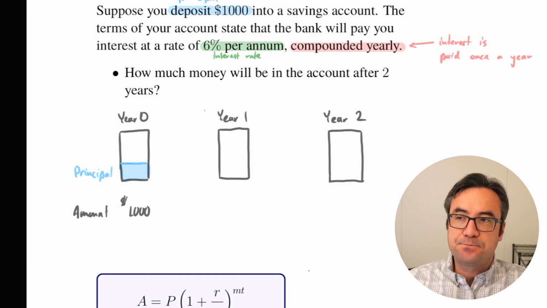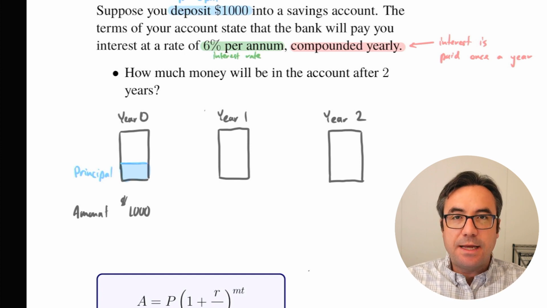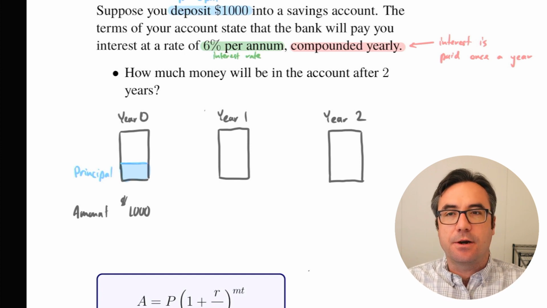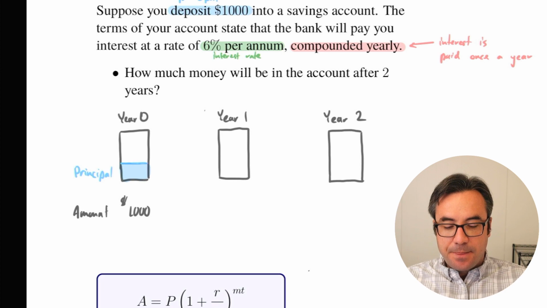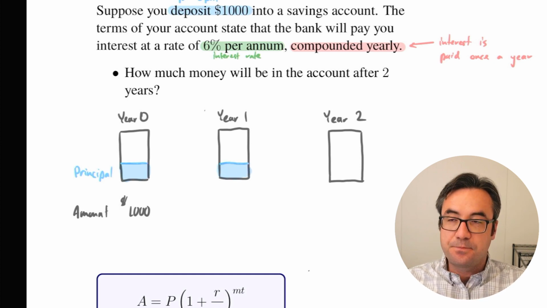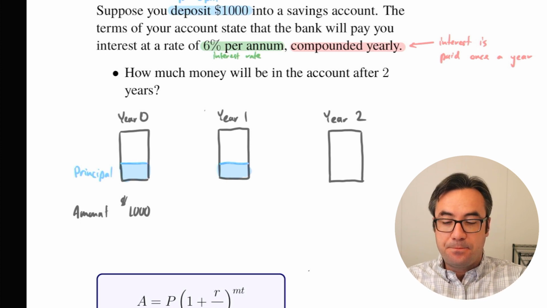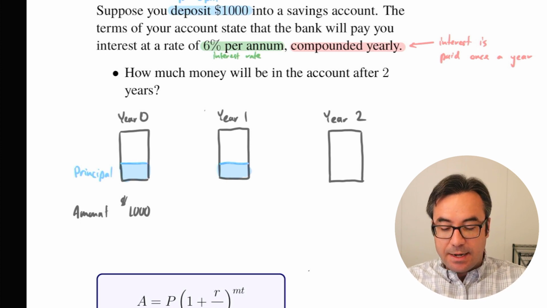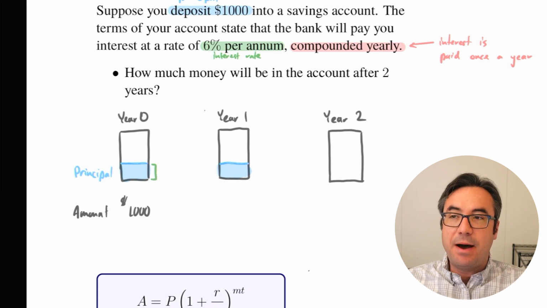Okay. Well then, let's let that money sit there for a year. And what's going to happen is after 1 year, we're still going to have that principal. So we haven't touched it. It's still going to sit there. But now, the bank is going to recognize that we had this amount of money deposited for that whole year.